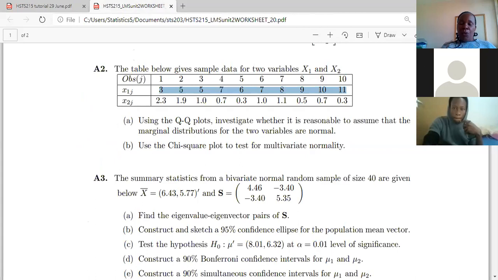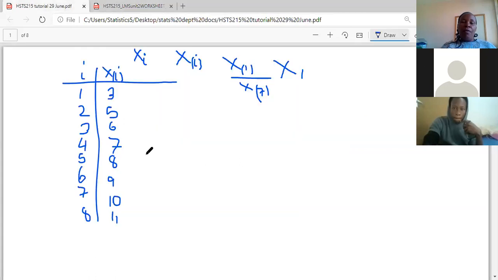So to make it easy for you, you can maybe put a column for frequencies.